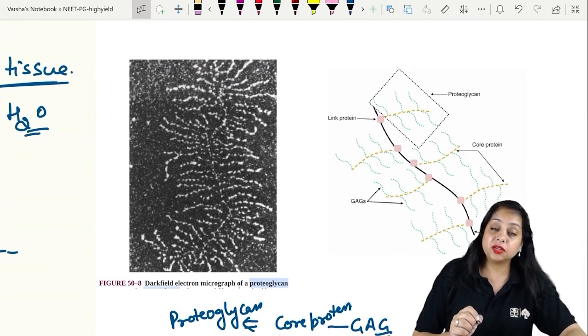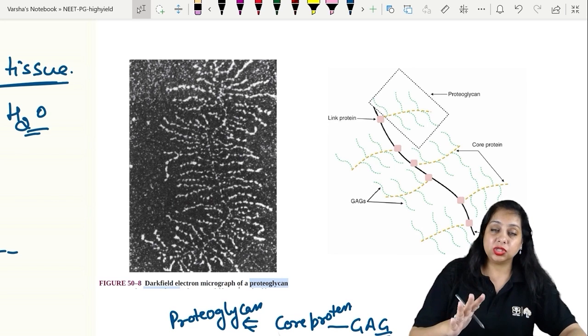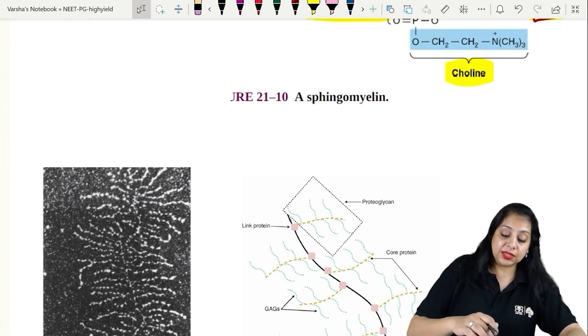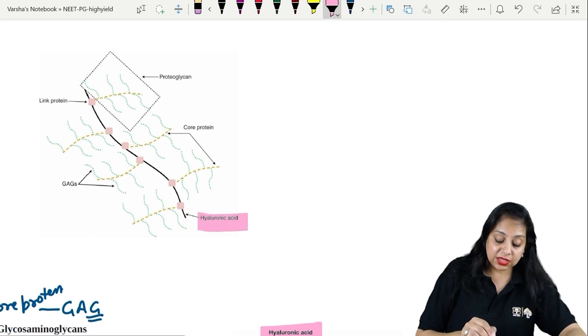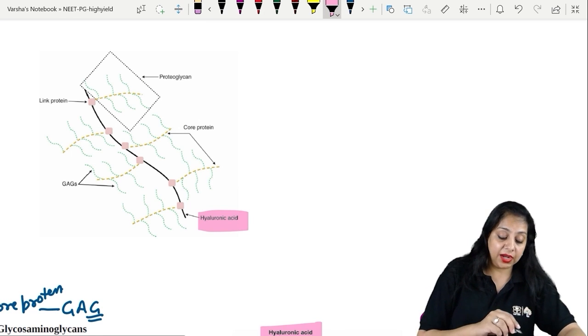This is the electron micrograph of the proteoglycan. You can see how complex and webby a structure it is. Not exactly webby, the ends are loose, but you can see the mesh of network is there. The cartoon diagram is this. This is an example of a proteoglycan, in which this is the hyaluronic acid. Hyaluronic acid is the black thread that is going on.